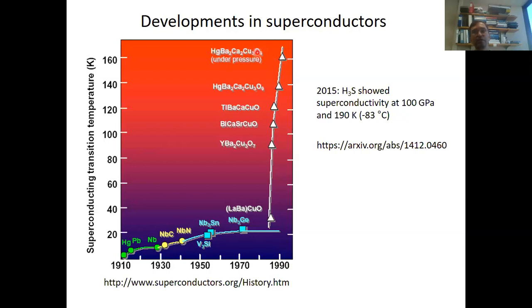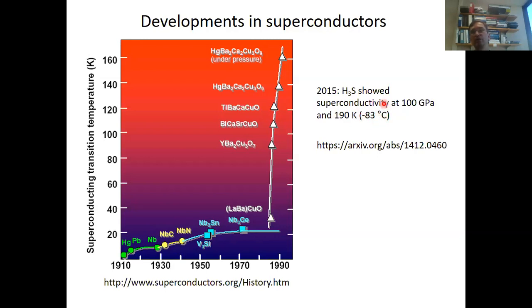The record holding material is actually a high pressure phase. Only at very high pressure, that phase is stable and becomes superconductive. However, there have been some more recent developments. In 2015, it was discovered that H3S shows a superconductivity at 190 Kelvin at 100 gigapascals. This is a temperature of minus 83 degrees Celsius.